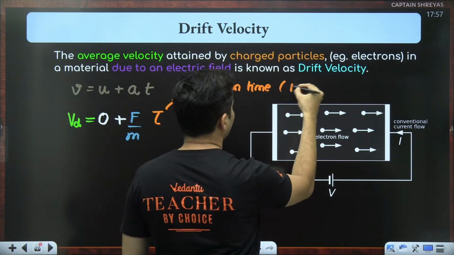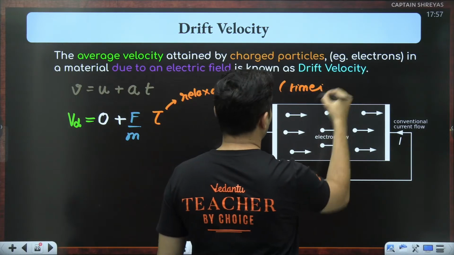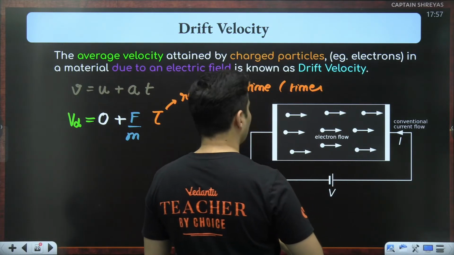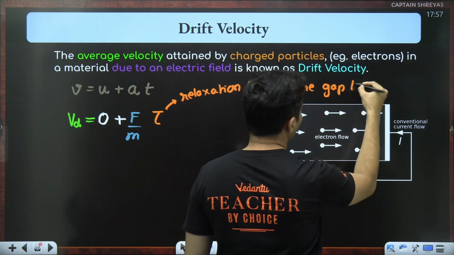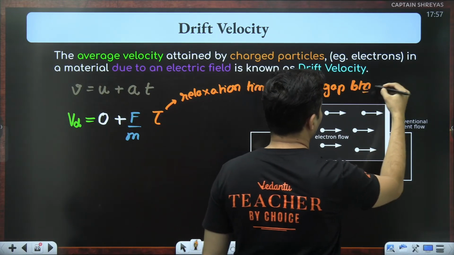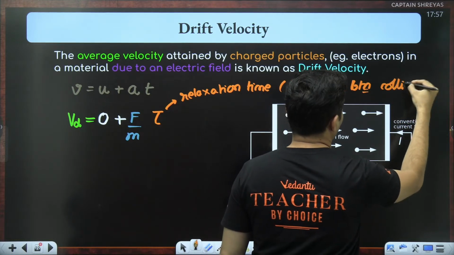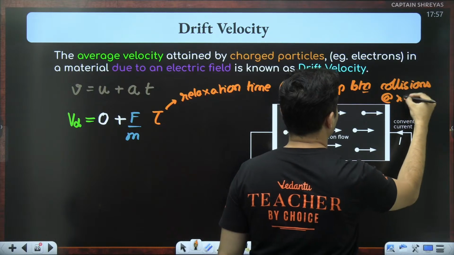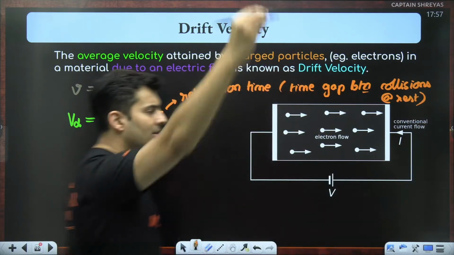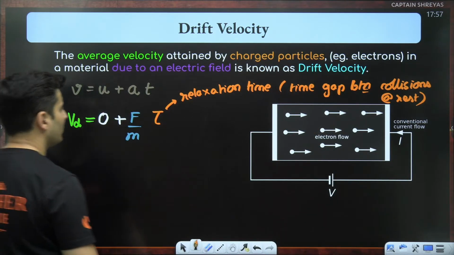That is the time interval, the time gap between collisions when it is at rest. So it starts from rest, accelerates, starts from rest, again accelerates. That's what it keeps doing.